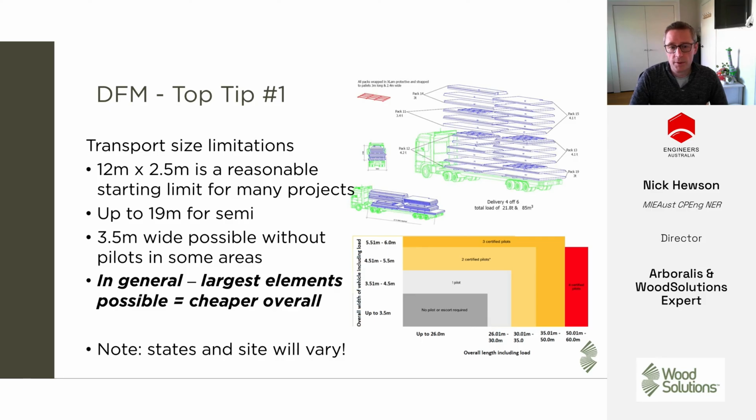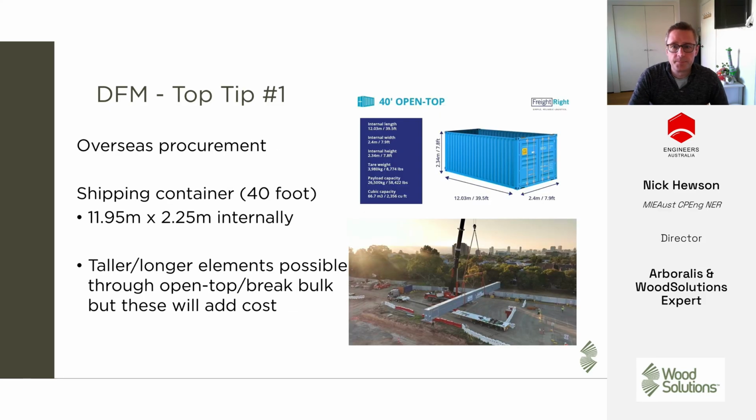But that will depend particularly on the state, on the site in question. The general rule of thumb that I have is that the larger piece you can get in, the cheaper overall it's going to be.